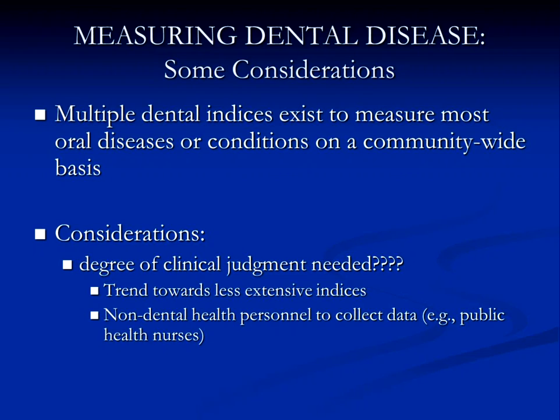Like for instance, for oral hygiene status and gingival health, we're going to go over 7 different indices. So there are different indices that will measure the same disease that are out there. And there's not a consensus as to which one is better than the other. It really just depends on the purpose of your research project.